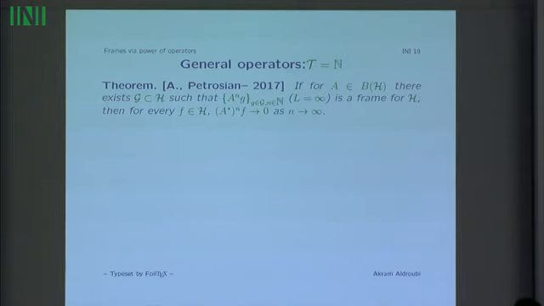And the first thing that we realize is that if this set, A to the power n, g, with g in J, n positive and going to infinity, is a frame for H, then it must be true that the orbits of A star f must go to 0 as n goes to infinity. Is that okay? So this is a necessary condition.